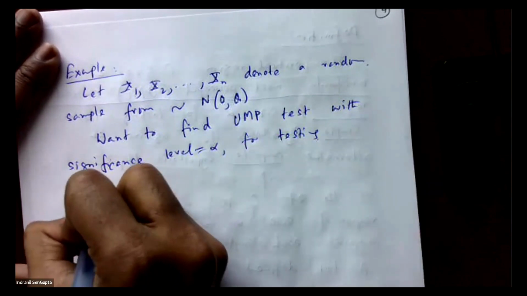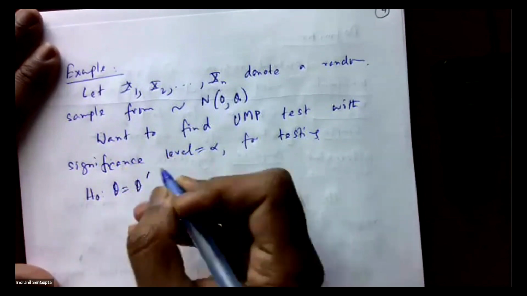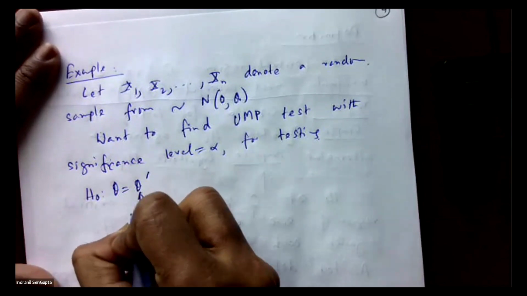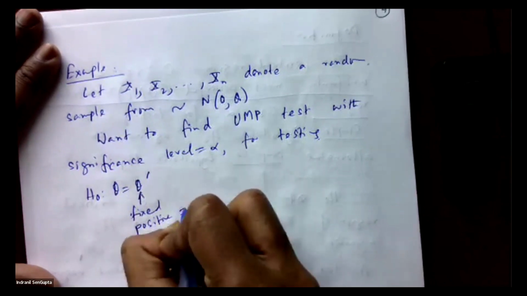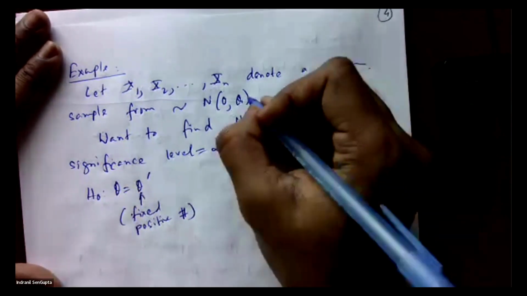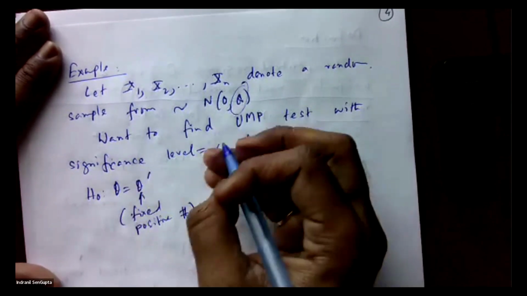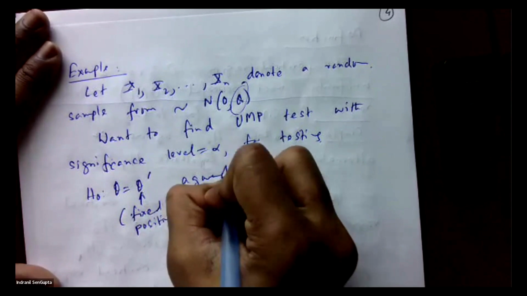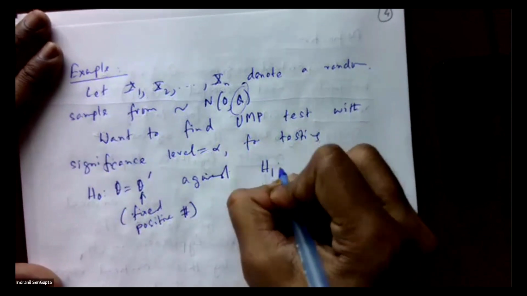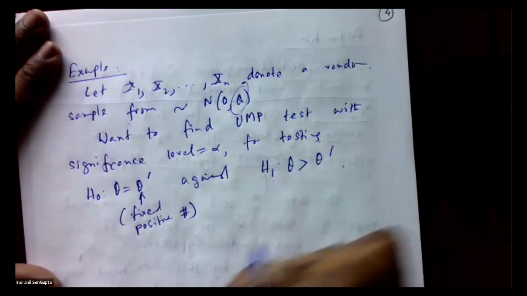H0 is theta equals theta prime, where this is a fixed positive number, against H1, which is theta bigger than theta prime.